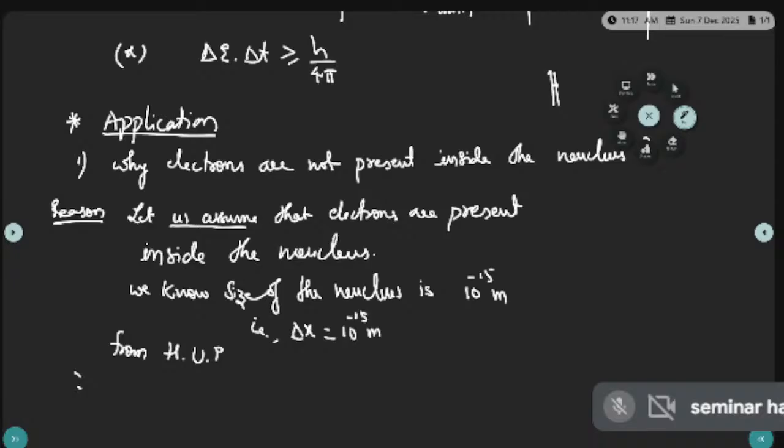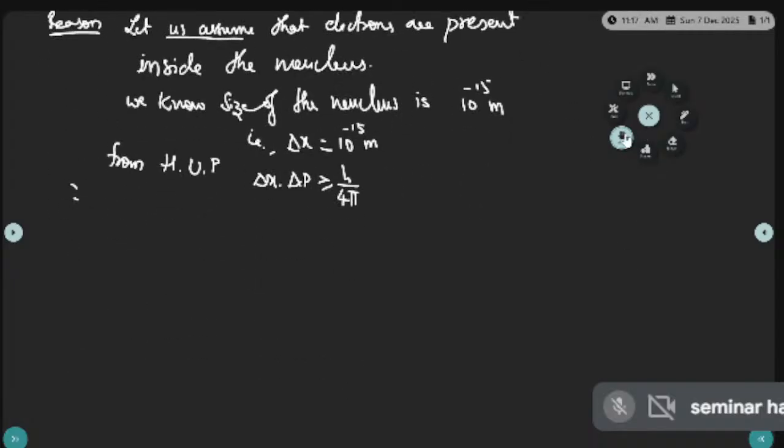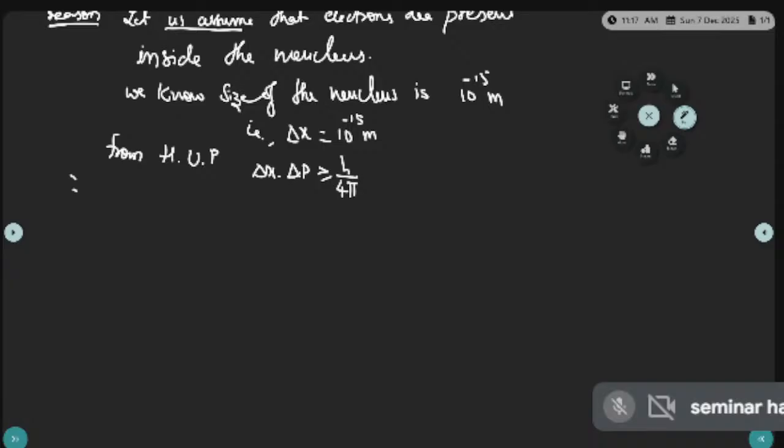From the Heisenberg uncertainty principle, delta x into delta p is greater than or equal to h by 4 pi. So what is delta x? 10⁻¹⁵. Then what will delta p be? Delta p is greater than or equal to h by 4 pi into 10⁻¹⁵.